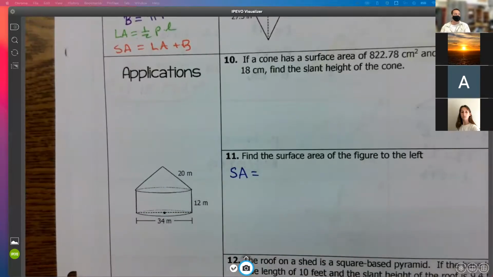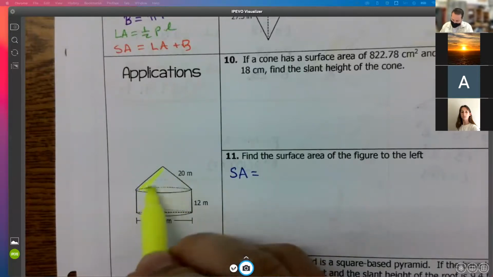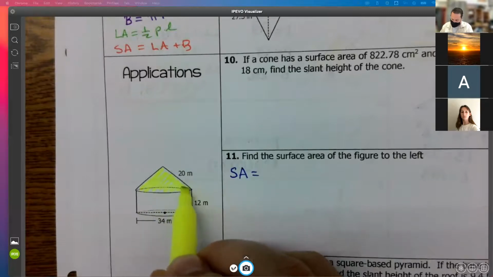What does surface area really mean? Everything on the outside, right? Like if you dip this in paint, what would come out painted? So this shape is not a traditional figure. Instead, it's an amalgamation of different shapes.